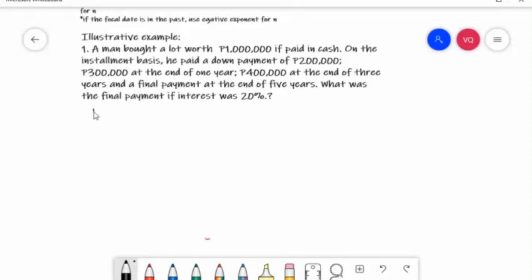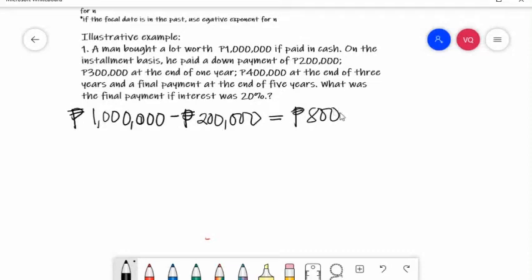So 1 million pesos minus 200,000 is equal to 800,000 pesos.